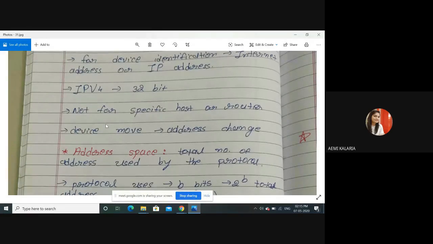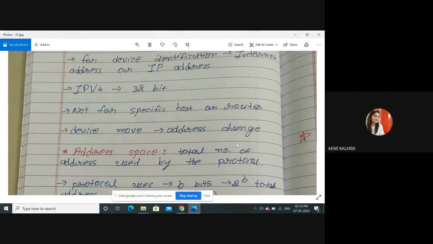And it is not permanent. Many times the sender is moving, let's say traveling from one place to another. At that time a permanent address is not possible, so a temporary address is allocated to the sender.